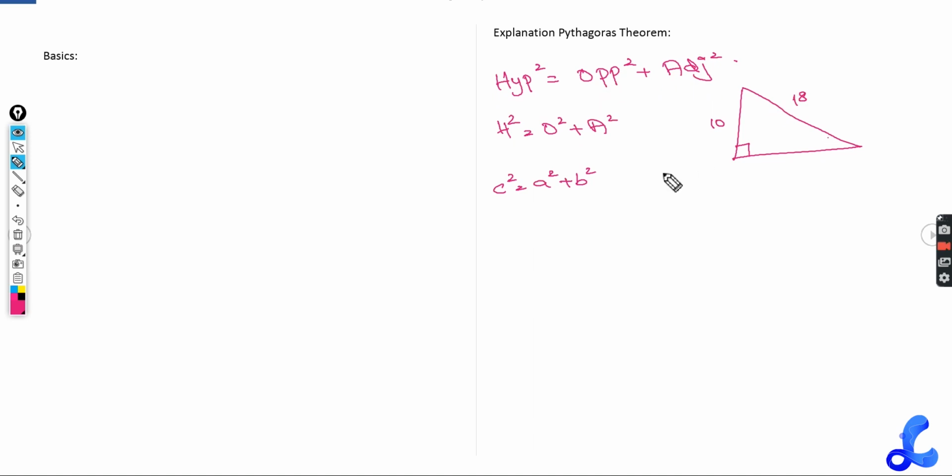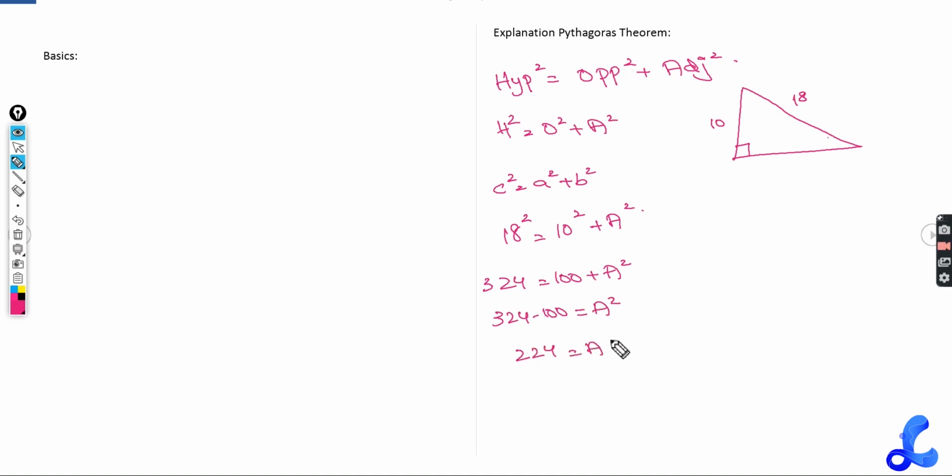It will be the same thing. So let's take this as opposite as it is. So 18 square equals to 10 square plus adjacent square. So 324 equals to 100, 10 square is 100, plus a square. 100 will go to the other side. 324 minus 100 equals to a square.